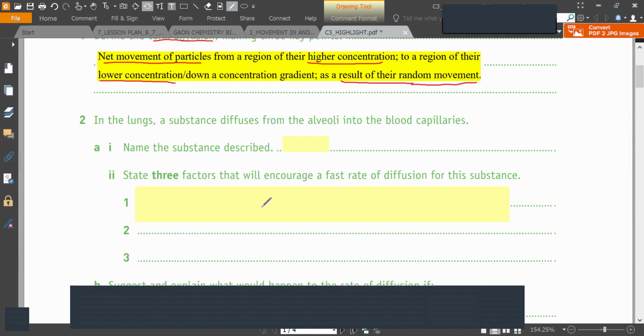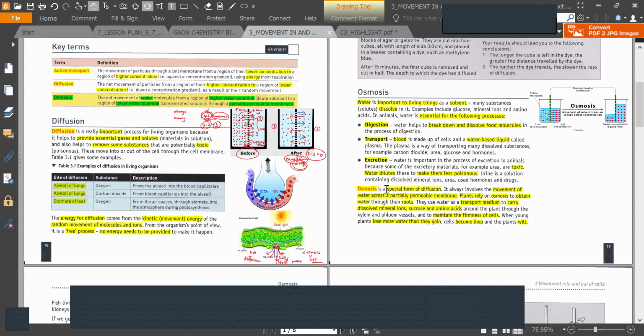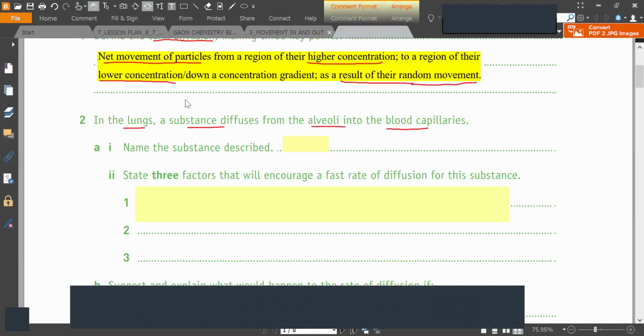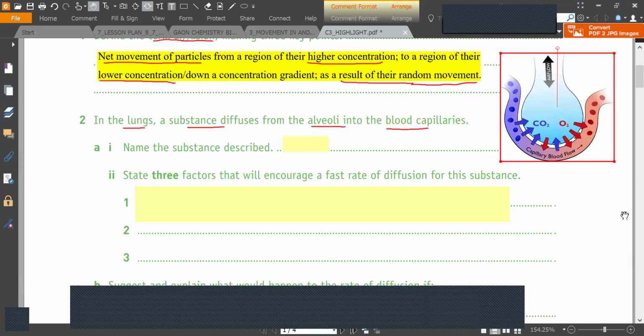Next. In the lungs, a substance diffuses from alveoli into the blood capillaries. We can come back and take a look at the notes. So this is our situation here. We can see the direction of movement.